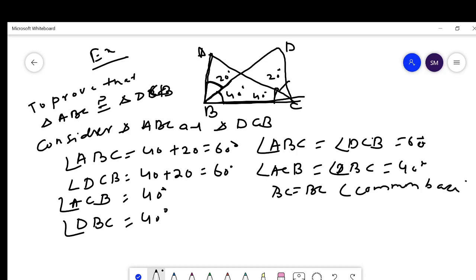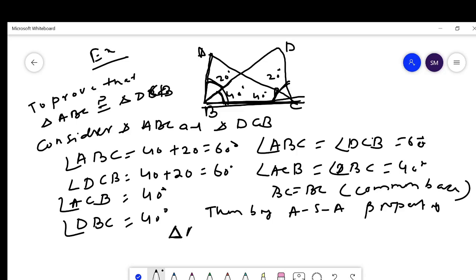Then here 60 degrees, 40 degrees, and BC is equal to BC, the common base. Then by angle side angle, the ASA property, triangle ABC is congruent with triangle DCB.